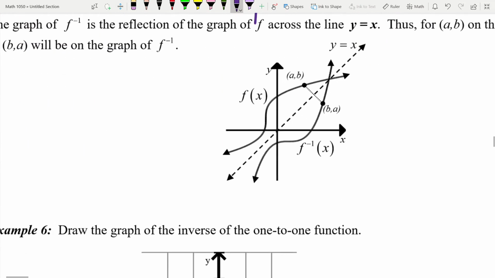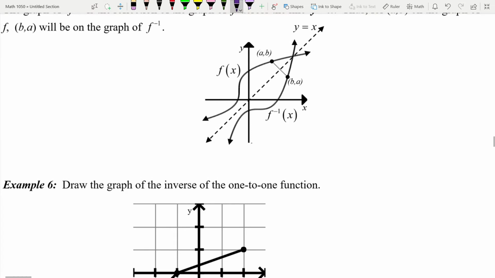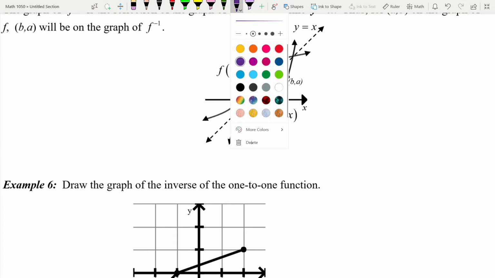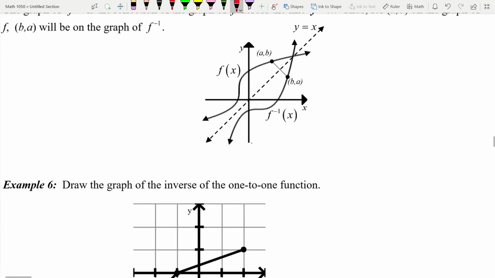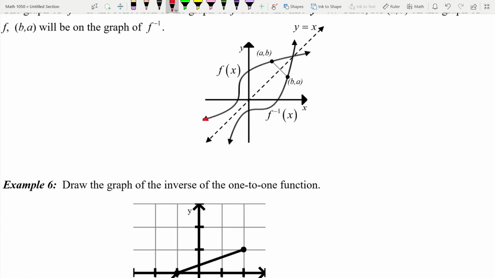Okay? All right. Look at this picture. This is important and a little confusing, so I want you to watch. So here is your f of x. Right here. Okay? Now look what you do. You take this line, y equals x, and the red is wet paint, and you fold it across the green.